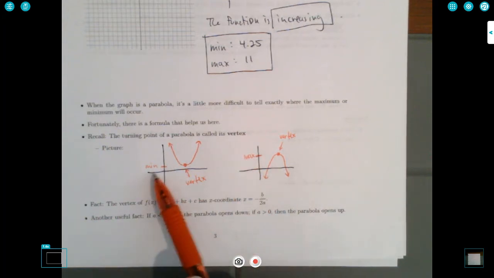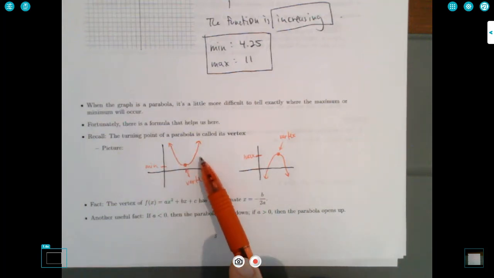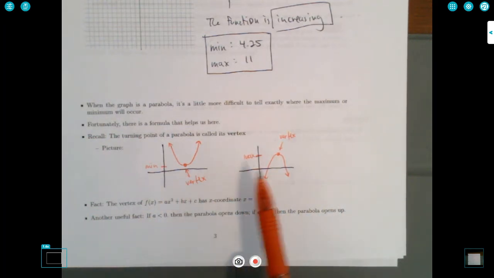The maximum or minimum is the y-coordinate of the vertex. The good news is once you find the x-coordinate, you can plug it back into the function, and the output value will be the maximum or the minimum. Minimum if the parabola opens up, maximum if the parabola opens down. Well, how do you know if the parabola is going to open up or down?